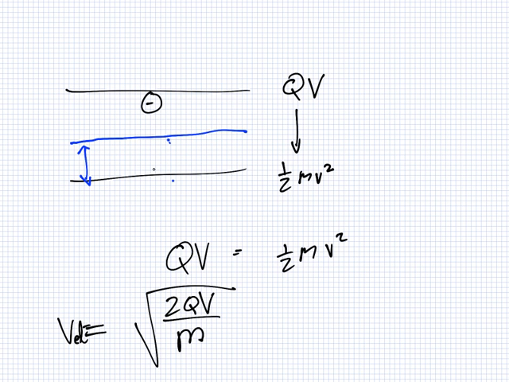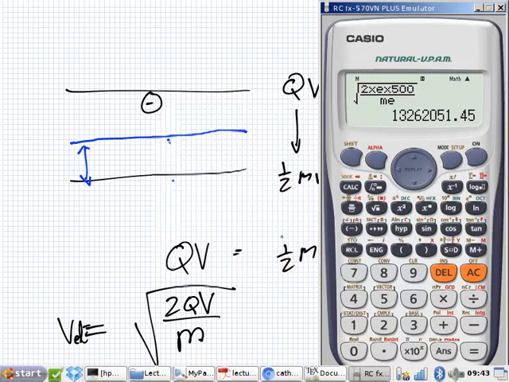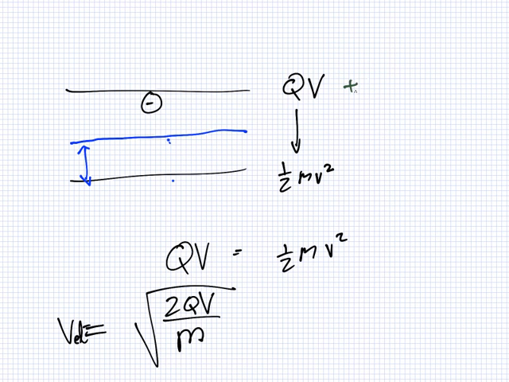Guys, I'm curious to see whether the answer would be much different if I did include the plus mgh. And you can see, Sean, then I do need to know what the h is. I think so, but let's just check, okay? So the only difference here would be this would be 2 times qV plus mgh.